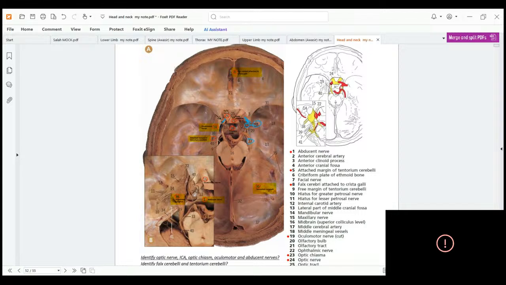One is the abducens nerve. Five is the attached border of the tentorium. Eight is going to the crista galli. 19 is the oculomotor nerve.